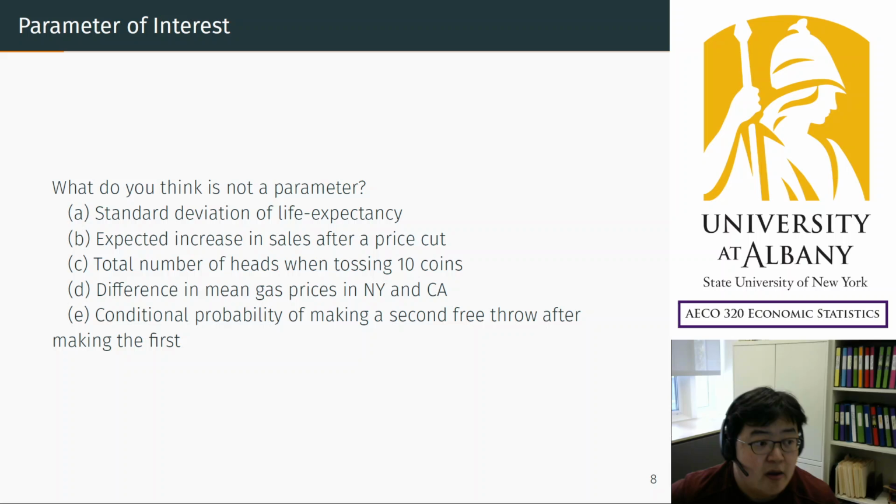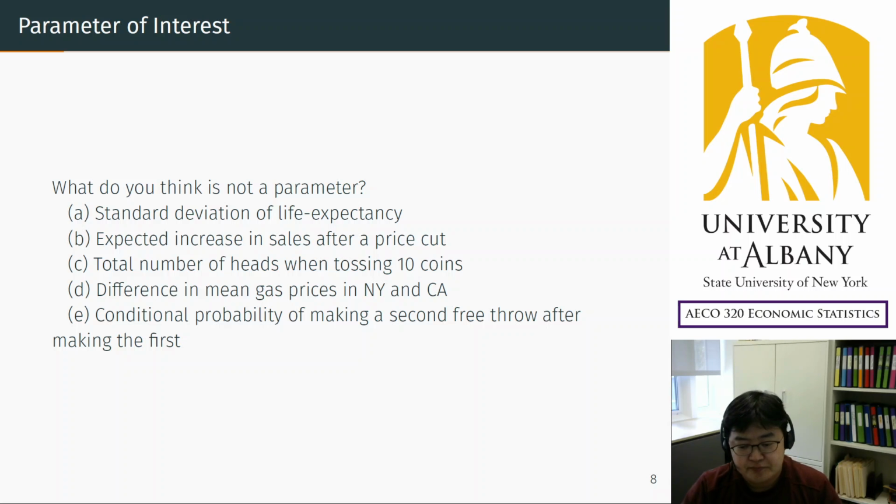And a parameter is based on the population, and it serves as the target of our inference. We would like to hit that target, that is the parameter. The other side is the statistic, which we calculate from the sample, right? So you may think the statistic is an estimator.